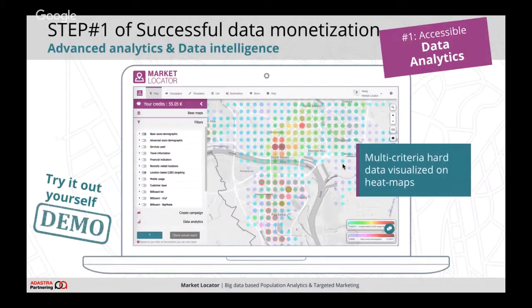So what came out of this effort here in Europe and what's rolling out globally now is what we call Market Locator, which is a web-based solution which combines these two worlds.